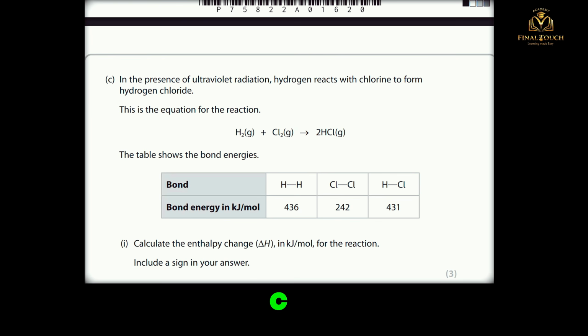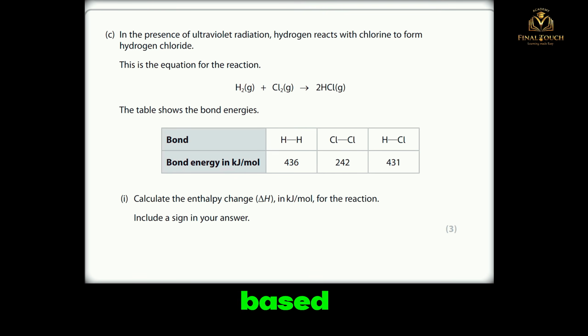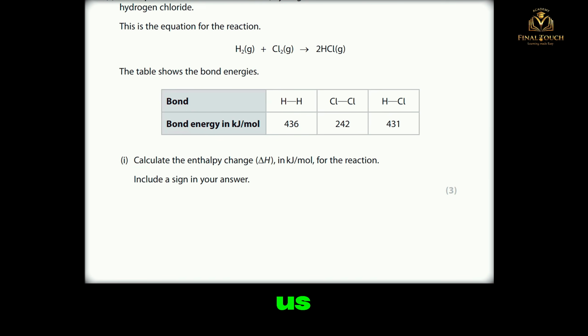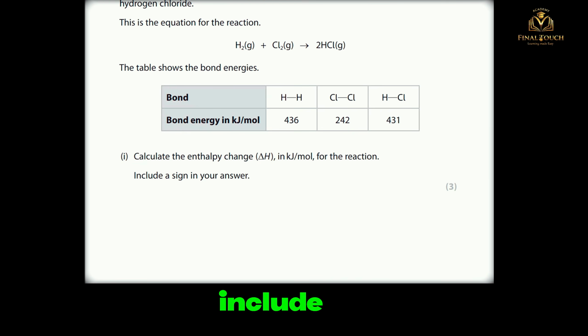Moving on to 7C. It tells us in the presence of ultraviolet radiation, hydrogen reacts with chlorine to form hydrogen chloride. So this is a question based on enthalpy. It tells us to calculate the enthalpy change for the reaction, include a sign.